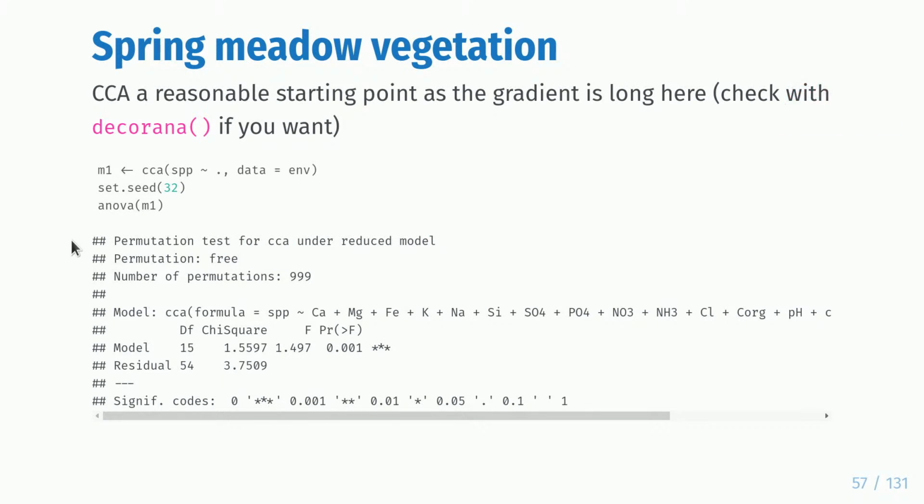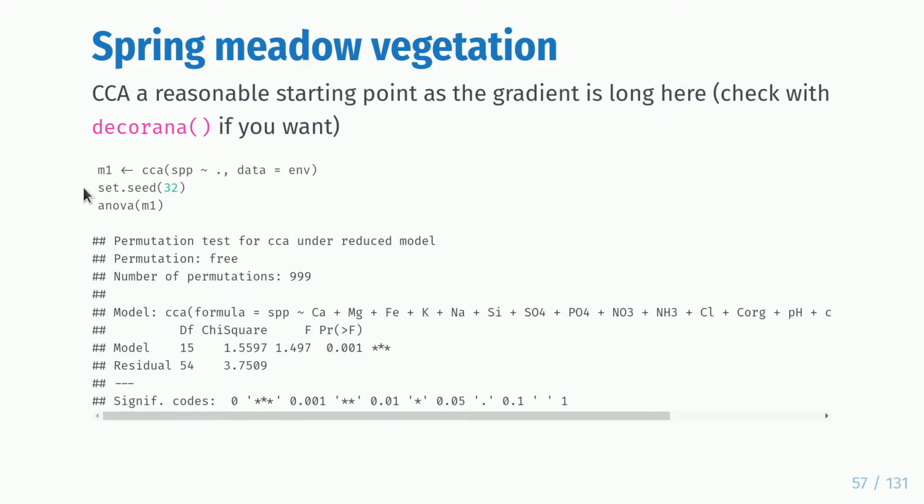Okay, so CCA is a good starting point here because there's a very long gradient in these plant data. There's lots of species turnover over this set of sites. If you're interested, you could do DCA using the decorana function to look at the effects of these things. Now I'm going to do the very silly thing at the beginning, which is to just throw in all of the environmental variables. So I'm doing CCA, I have my data frame of species, and I'm throwing in all the environmental variables that are in the data frame called env.